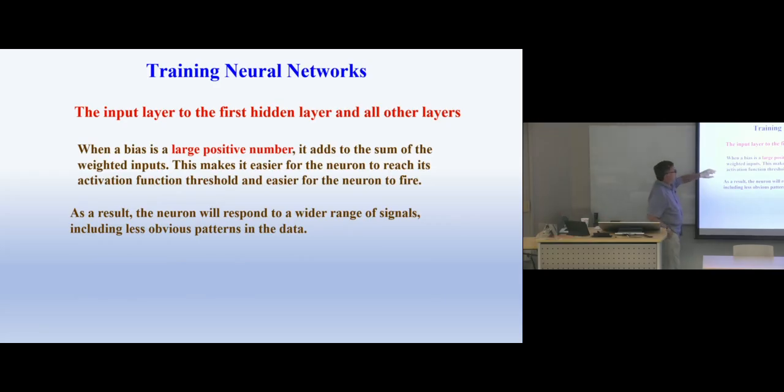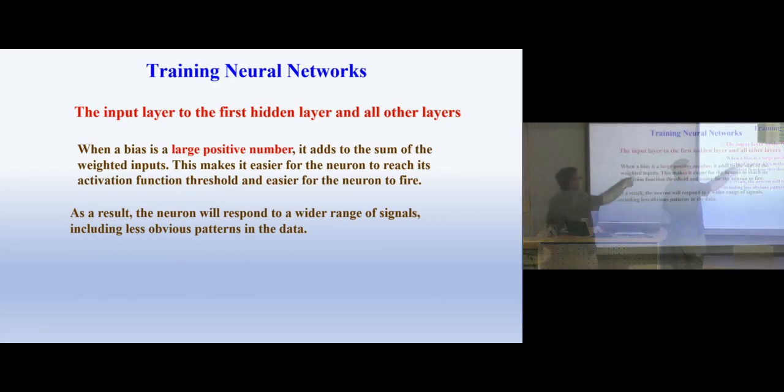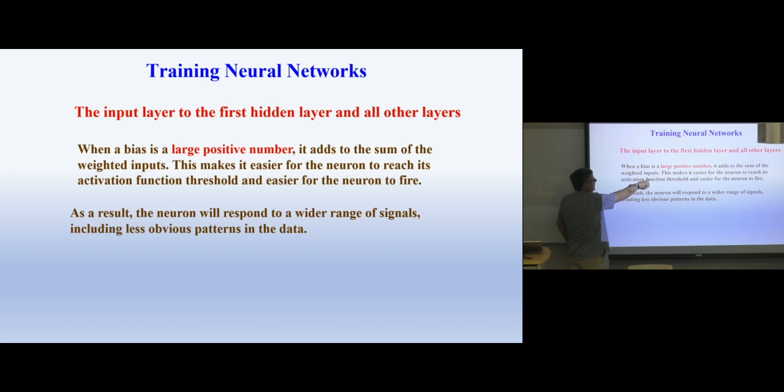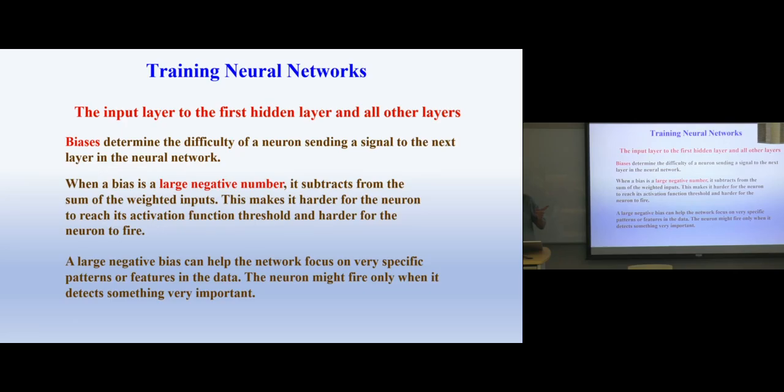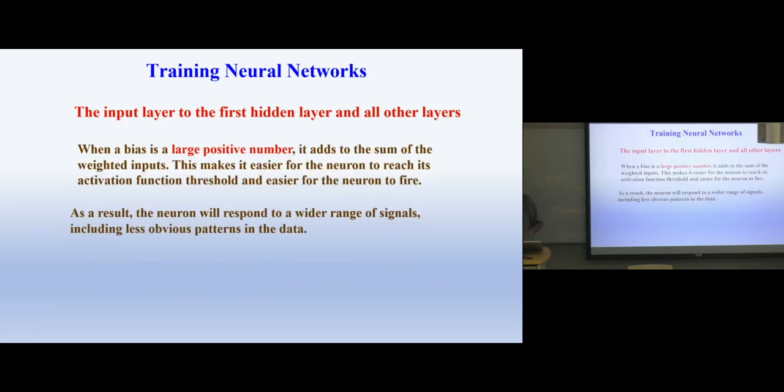If it's a large positive, that adds to the sum of the weighted inputs, and that makes it easier for the neuron to reach its activation function and fire. So it'll respond to a wider range of signals, and you can pick up patterns that are not immediately obvious. So you get to decide: do you want to go deep with a specific pattern, or do you want to get broadly inclusive?